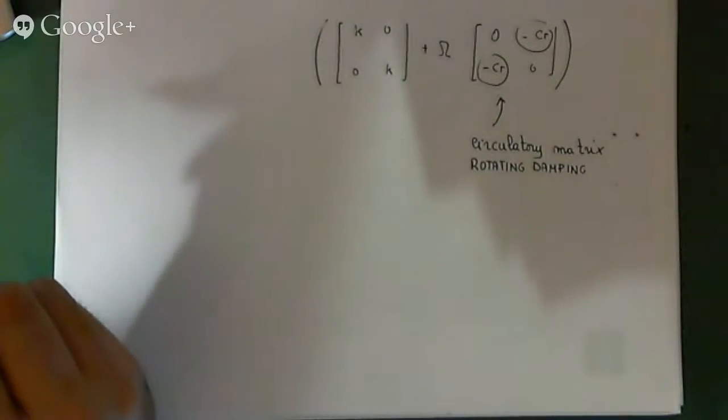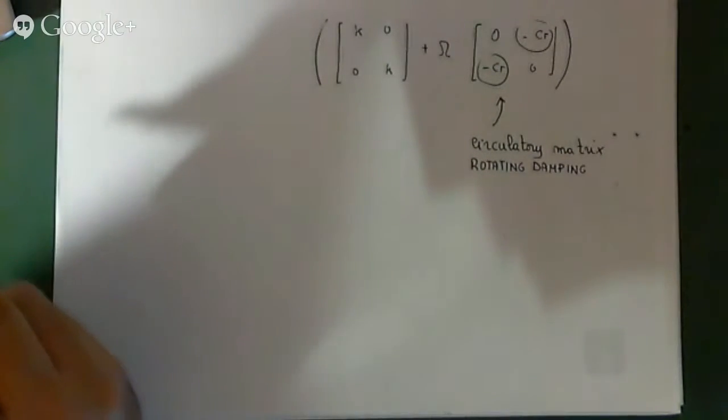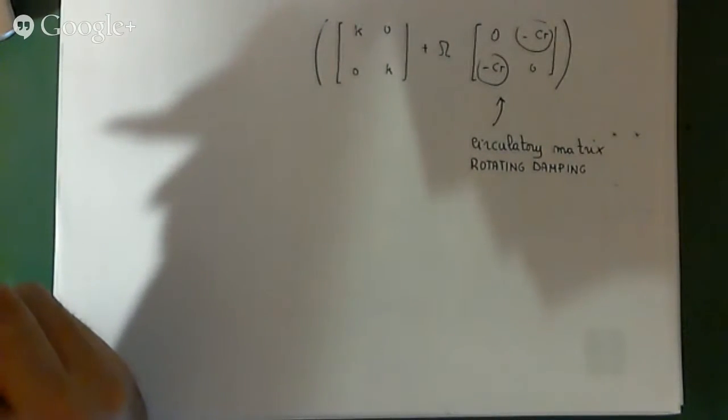The circulatory matrix vanishes when omega tends to 0, as should be expected.